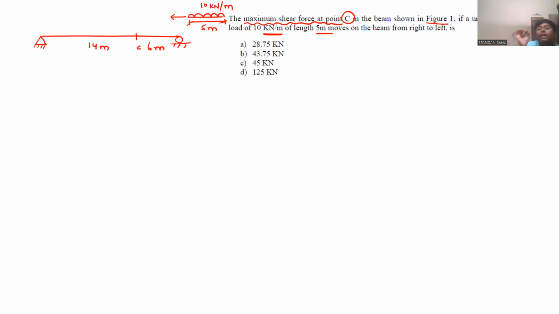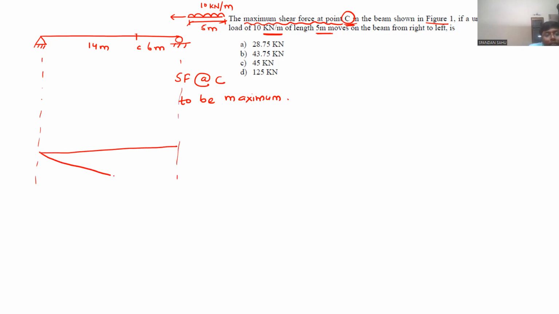We have to determine, at a certain time t, when this load is placed somewhere in the beam, such that the beam will give the maximum shear force at point C. Means at point C, by placing this UDL, we have to maximize the shear force at point C. We have already drawn the ILD for shear force.